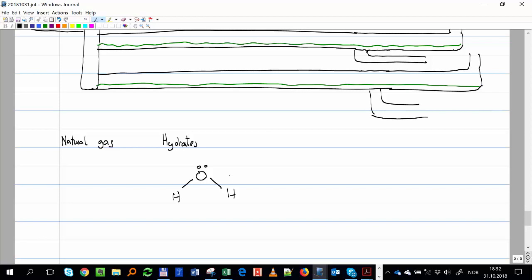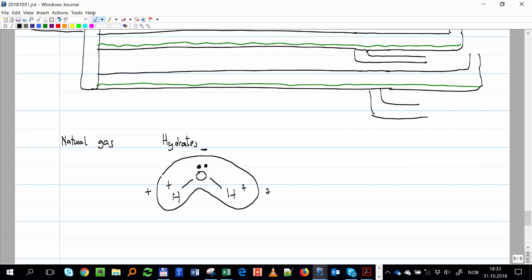So remember, this molecule is arranging itself because oxygen has 2 extra electrons. So it arranges itself such that it creates some sort of a dipole. It has a negative charge here and 2 positive charges here.